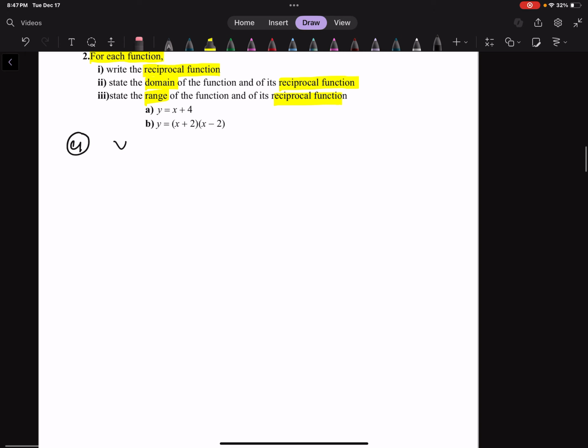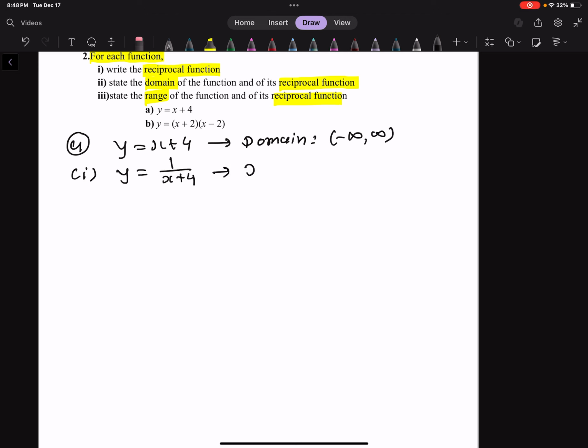So you have y equals x plus 4. What is the reciprocal? The reciprocal is y equals 1 over x plus 4. The domain of the base graph is negative infinity to positive infinity, all real numbers possible.